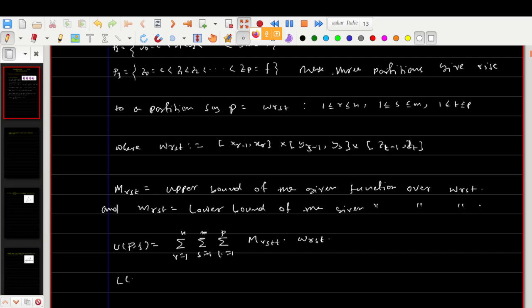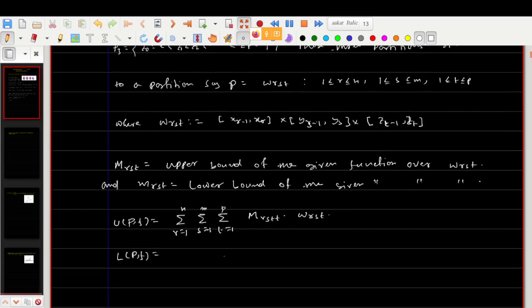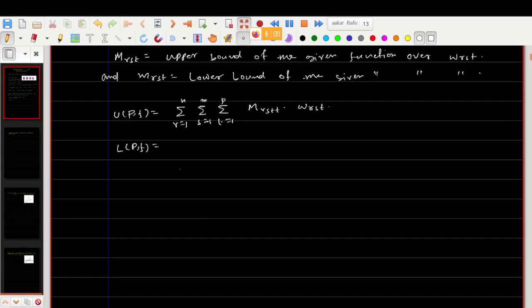And L(P,f) is defined to be the same quantity with the minimum, m_rst.